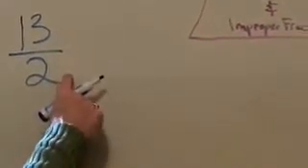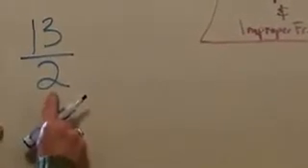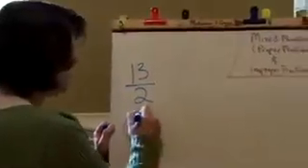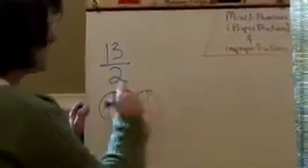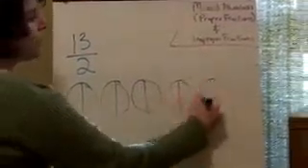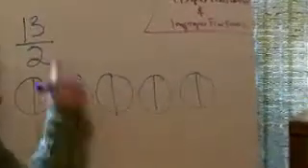So you need to fix it. And the way to fix it is say to yourself, I need to figure out how many wholes are in here. So I start drawing halves, because this is halves. And I draw as many as it takes to get up to 13.